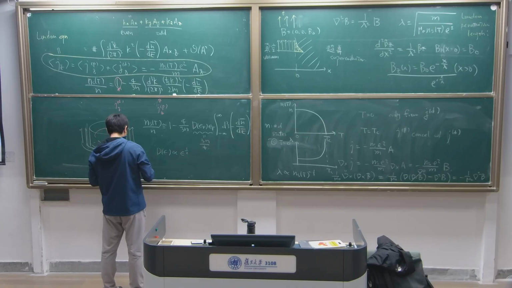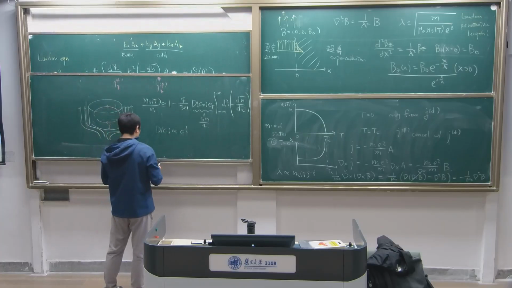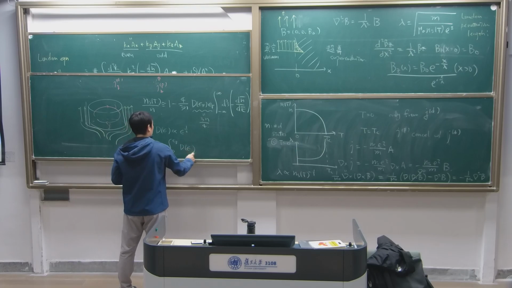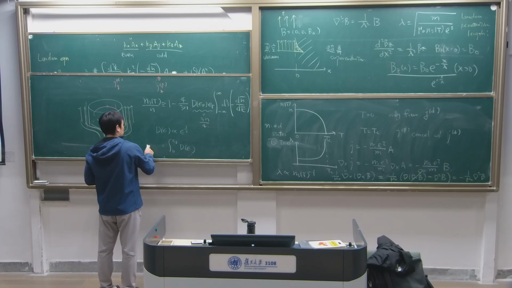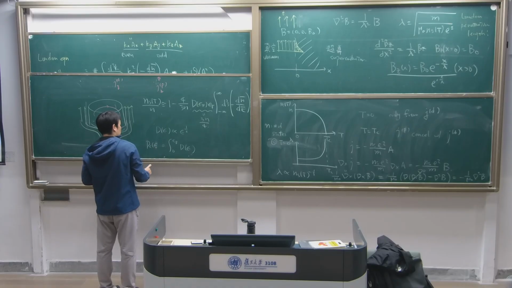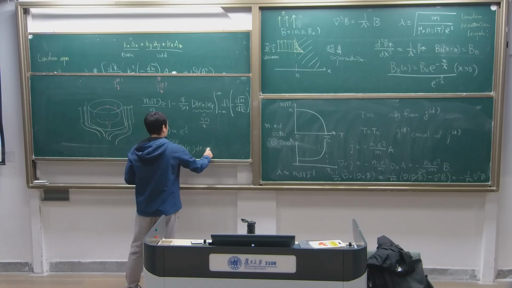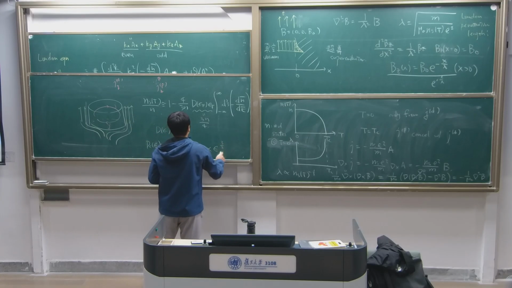Long time ago when you learned the ideal Fermi gas, so D(E) is E to the one half. Then if you just solve this one to E_F, the D(E), which I call it is equal to the E_F of the theory, and this is proportional to E to the 0.